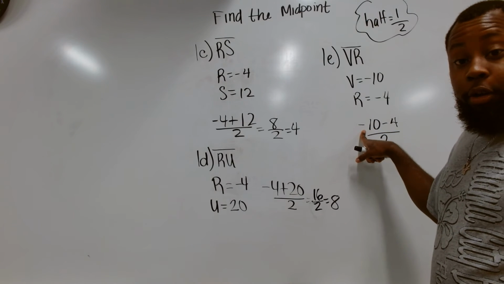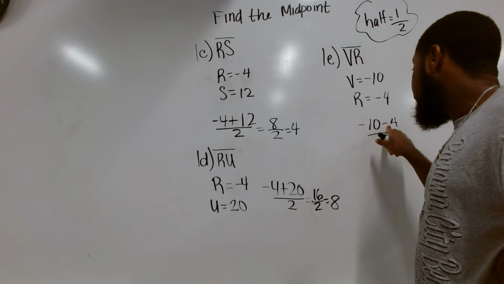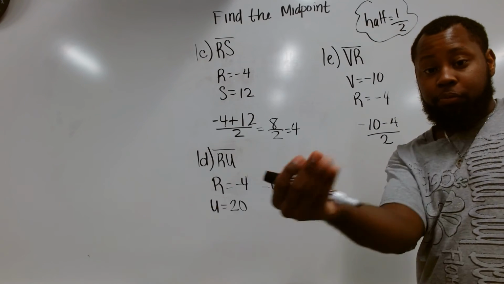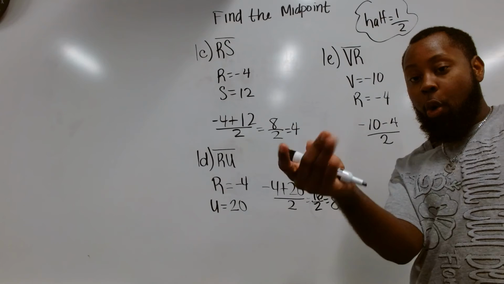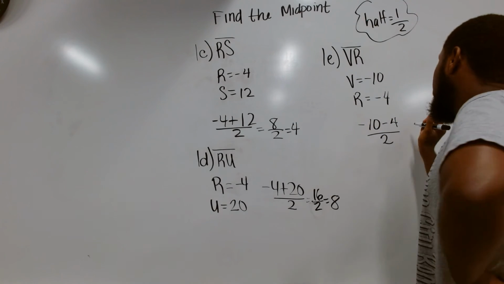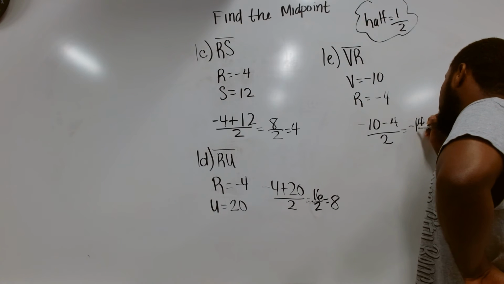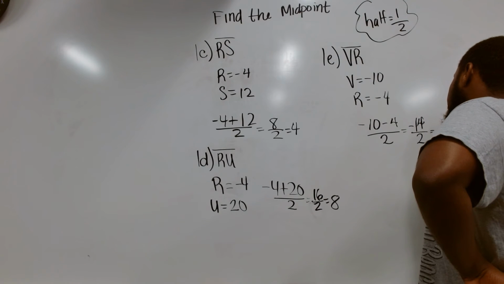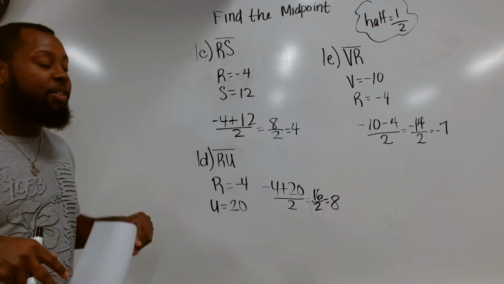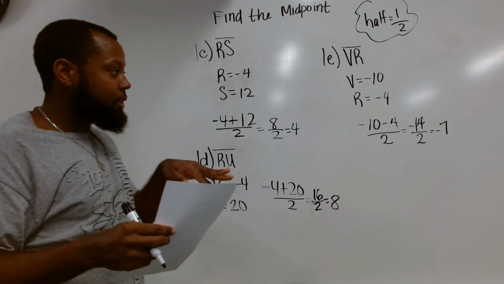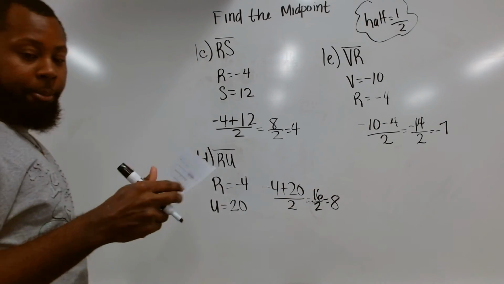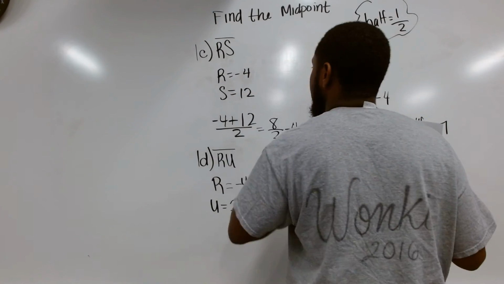Your brother owe you $10. Now he owe you $4 more. How much money do he owe you? He owe you $10, now he owe you $4 more. He owe you $14. And we know half of -14 is -7 because a negative divided by a positive is a negative. Thank you.